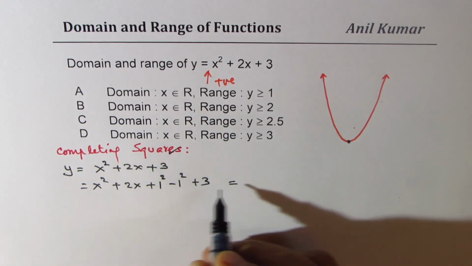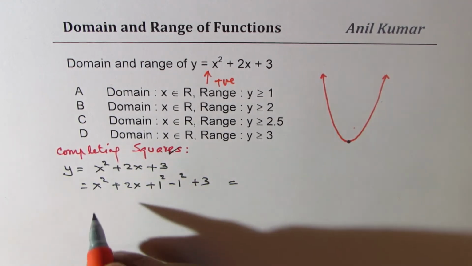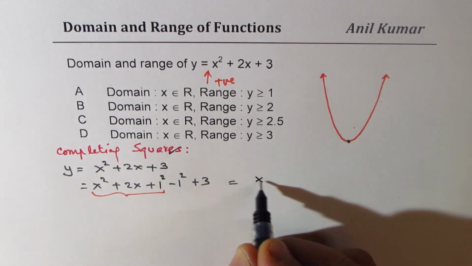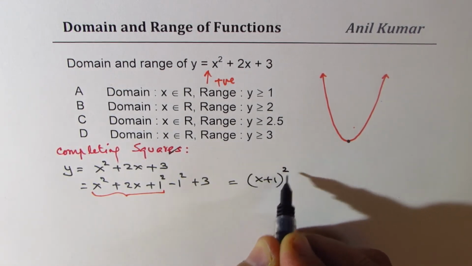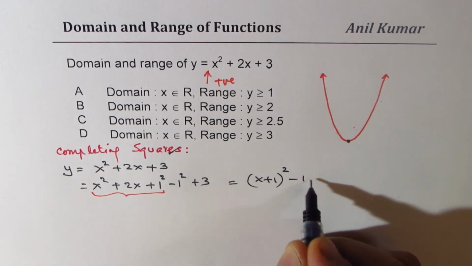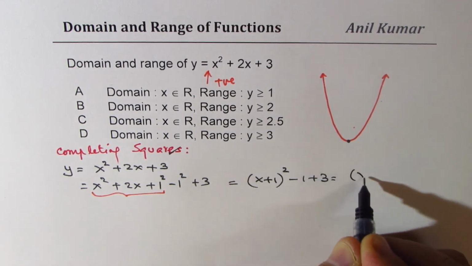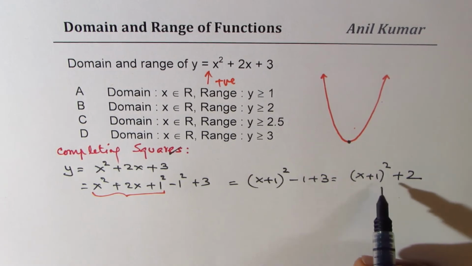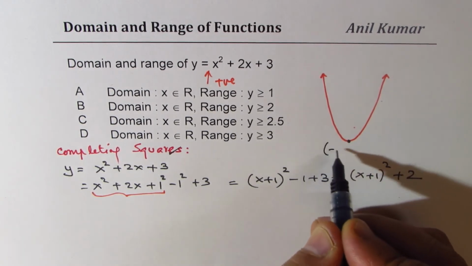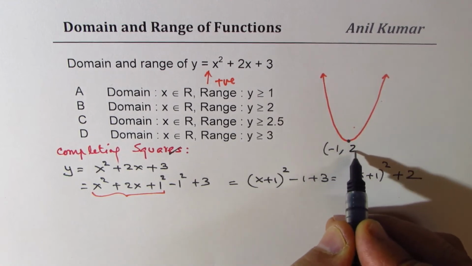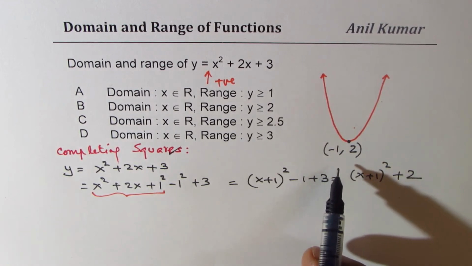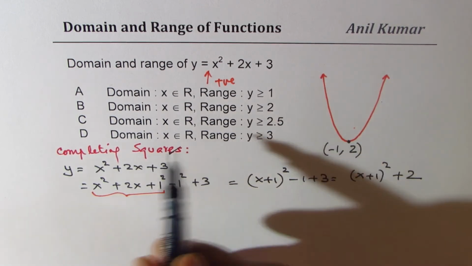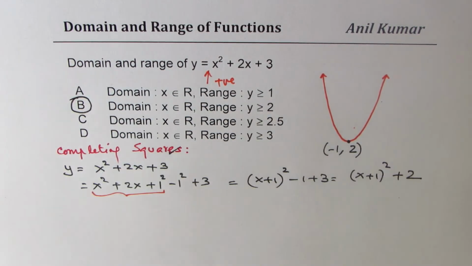The first three terms form a perfect square, so it could be written as (x plus 1) whole squared minus 1 plus 3, which is (x plus 1) whole squared plus 2. That gives us the vertex at (minus 1, 2). So clearly the least value here is 2, and therefore option B is the right option.